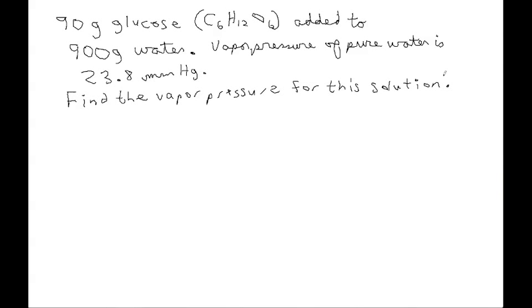Well, let's see. We want to figure out the vapor pressure, so we're trying to solve for P. And we know that P of the solvent is equal to X solvent times P0 of solvent.